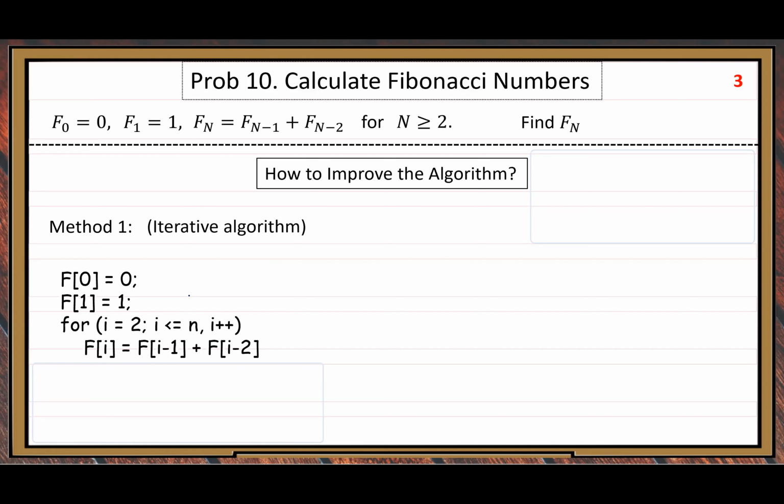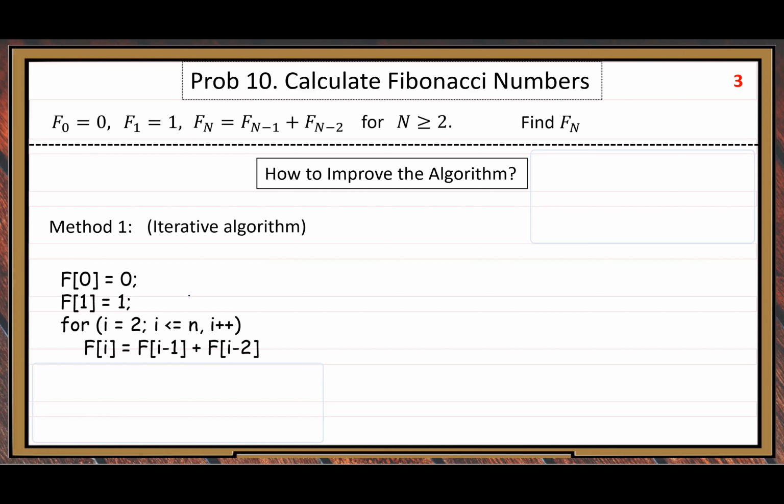And here we can use this iterative method. We create an F array. F of 0 equals 0, F of 1 equals 1, then we calculate the array elements one by one.